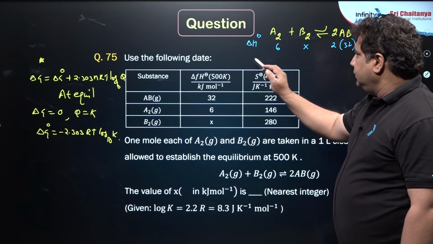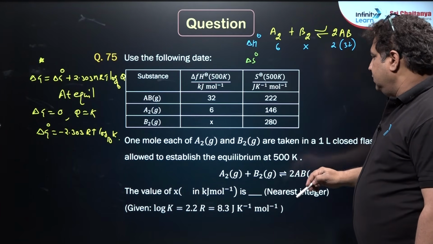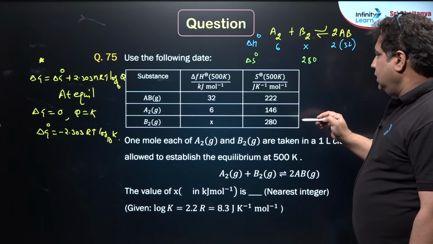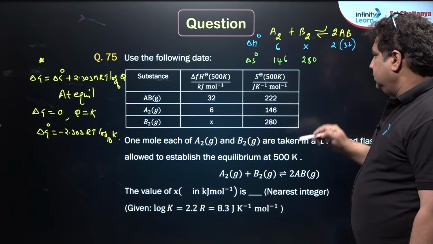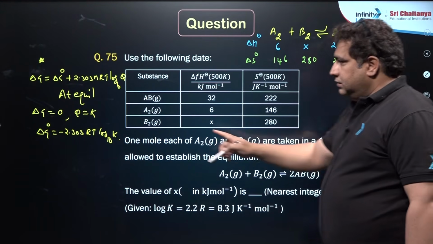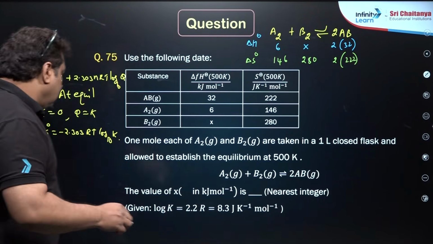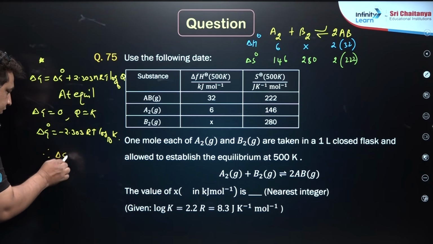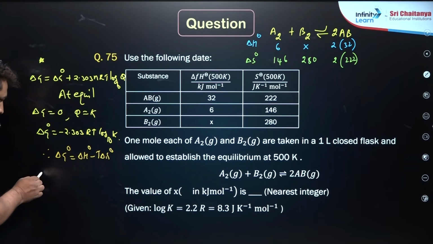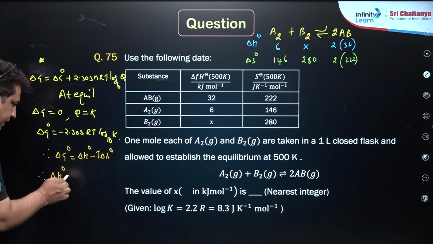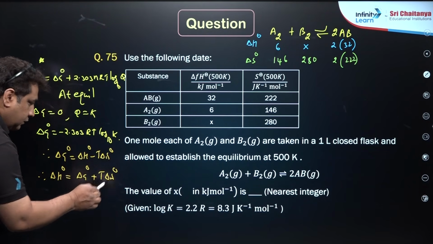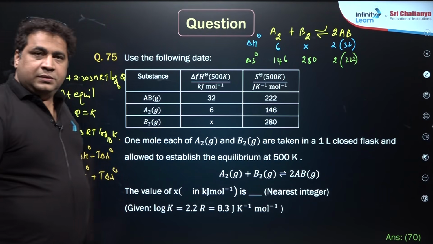Next, delta S naught entropy, this is 280, A2 is 146, and this is 2 into 222. So, from this you can easily find delta G. Once you get delta G naught, then delta G naught is equal to delta H naught minus T delta S naught. So, therefore, once you get delta G naught, you will get the answer approximately 70.